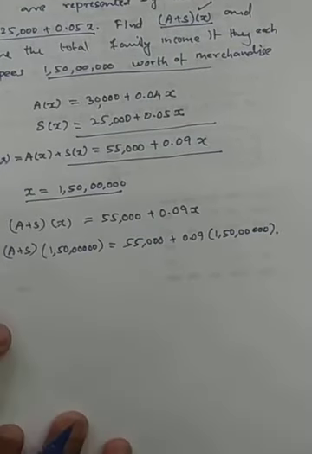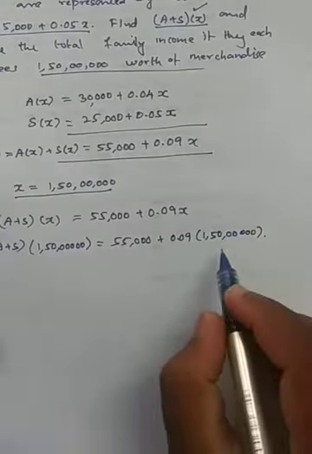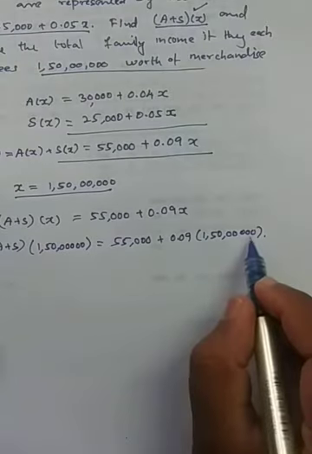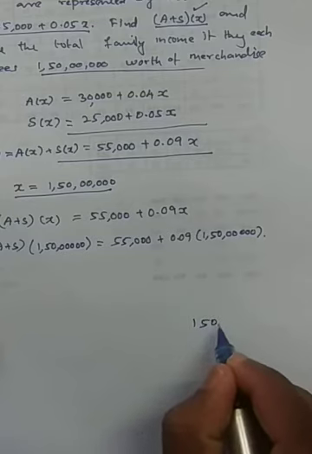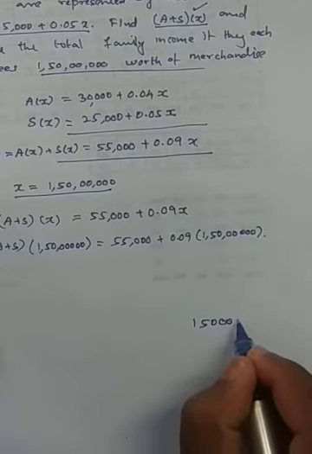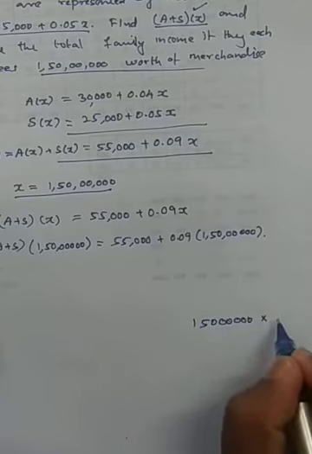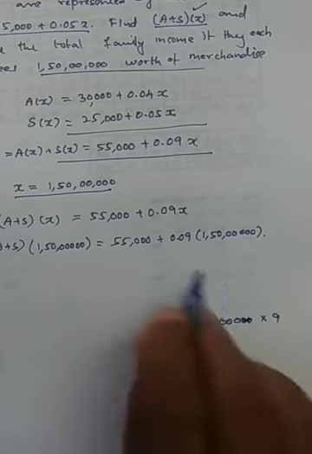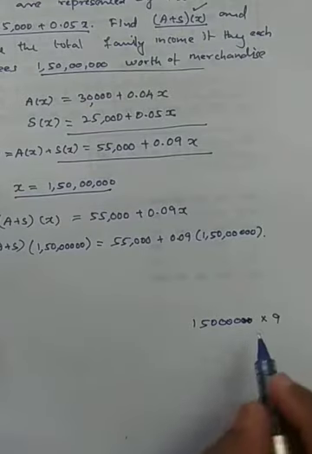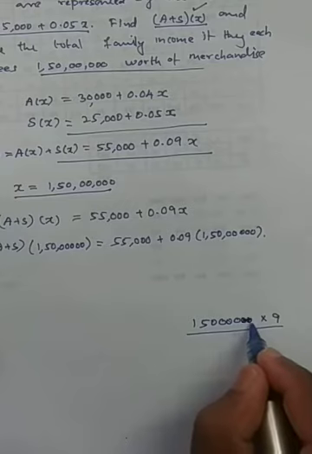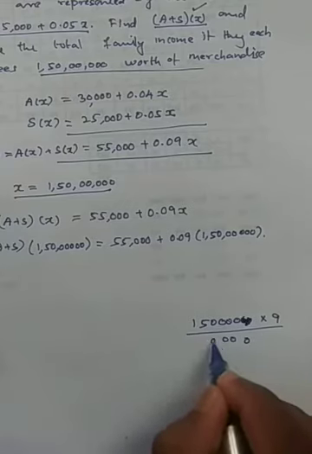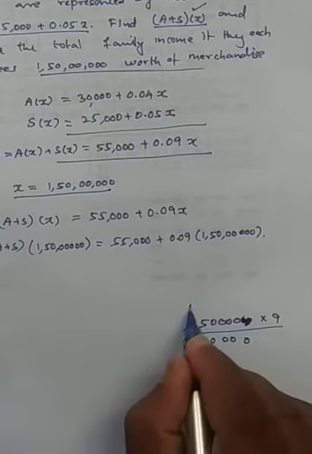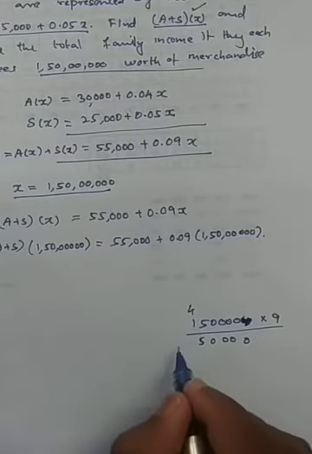Now we need to multiply this. See here, 2 zeros, so leave those 2 zeros, because there are 2 digits after the decimal. I write 1 crore 50 lakhs as such and multiply by 9. 9 times 5 is 45, 9 ones are 9, 9 plus 4 is 13.